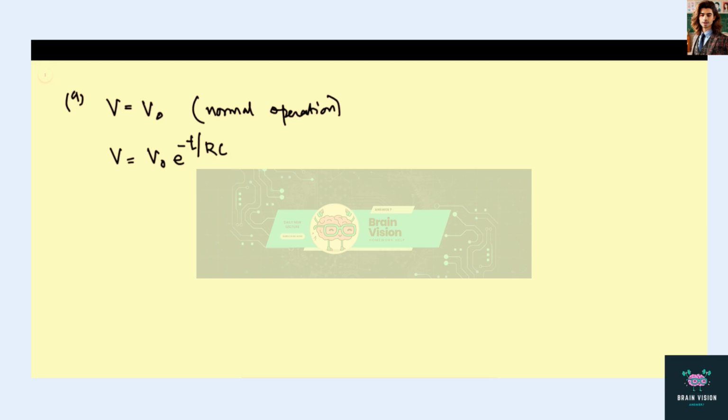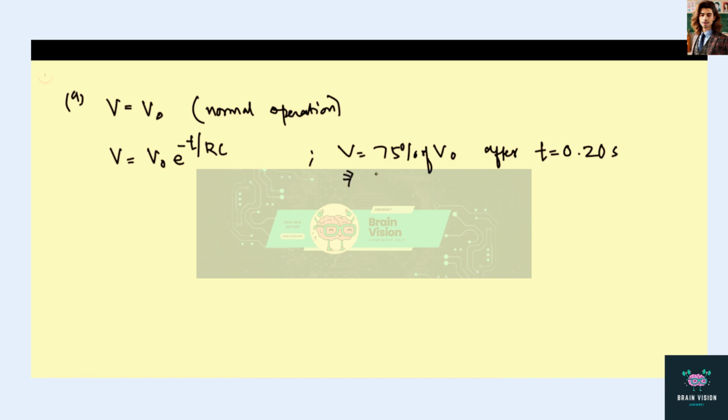Now we want the voltage across the capacitor to be 75% of the full voltage, and we want this case after 0.20 seconds.